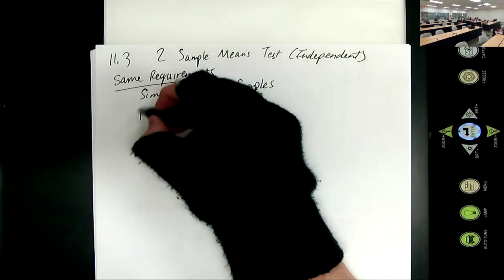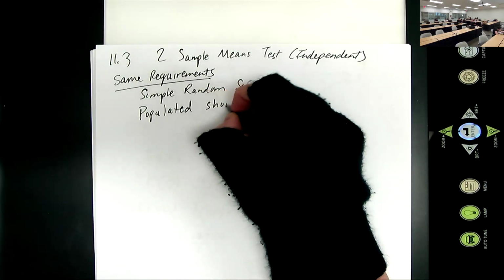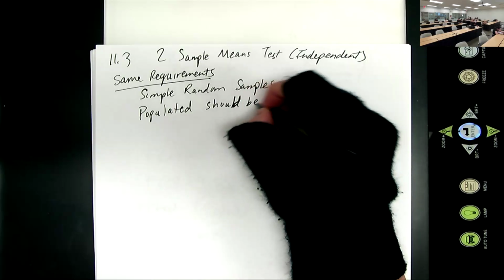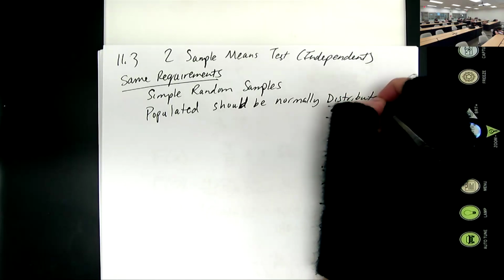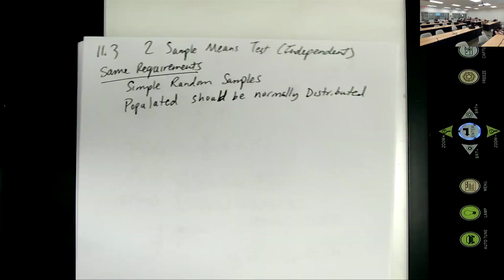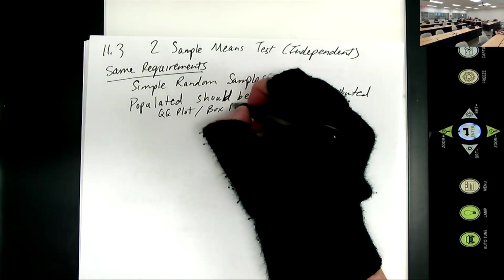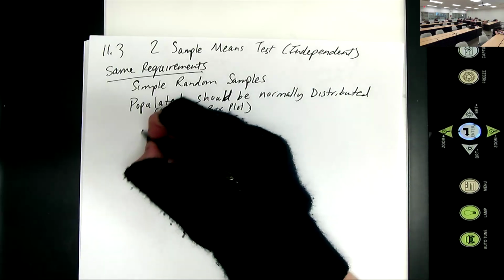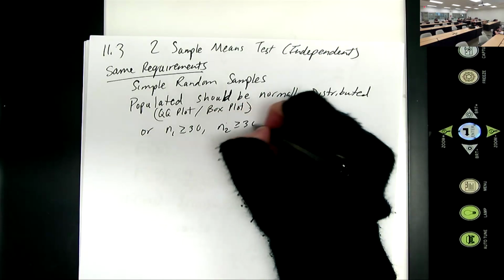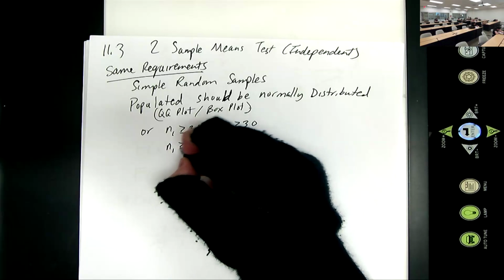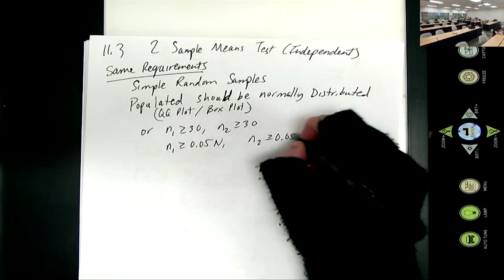We want populations to be normally distributed. That's the whole QQ plot, box plot thing we did. Or N1 is greater than or equal to 30, N2 is greater than or equal to 30. And we want N1 to be less than 5% of its population, and N2 to be less than 5% of its population.